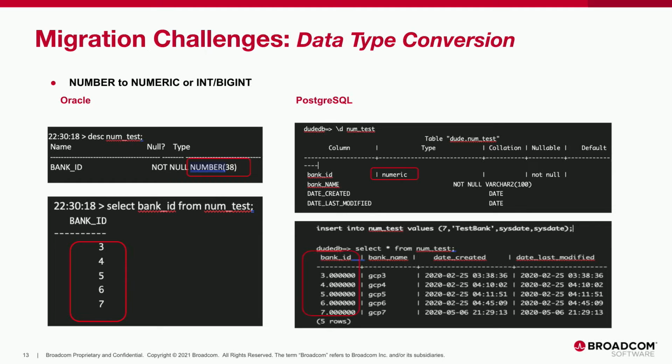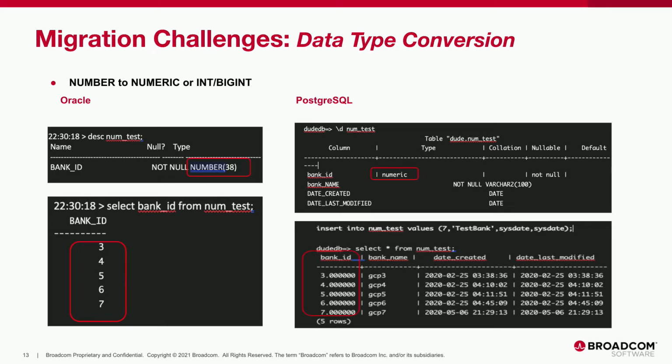You don't see it in the definition or anywhere. But if you have, for example, a bank ID 3456, it will show as 3.4, 5.4. So if you're doing any kind of conversion on that value, or converting to a string, or putting those numbers in reports, it would come out different. The same behavior: if you define just a number in Oracle and insert 3, it will insert 3 only.